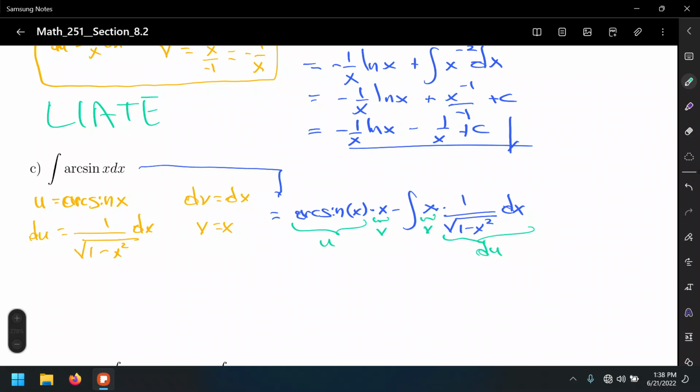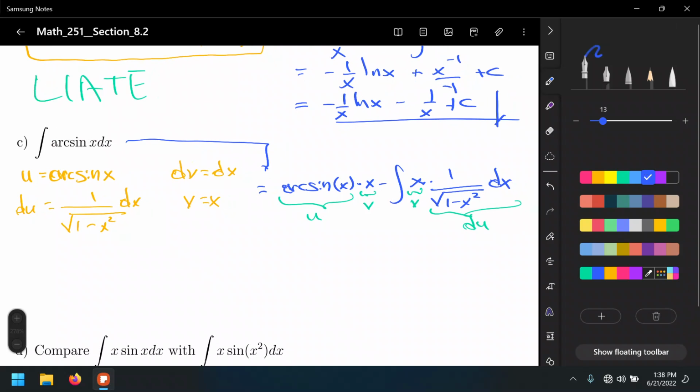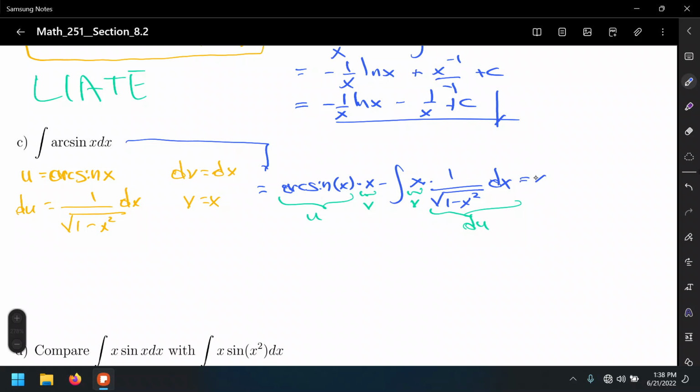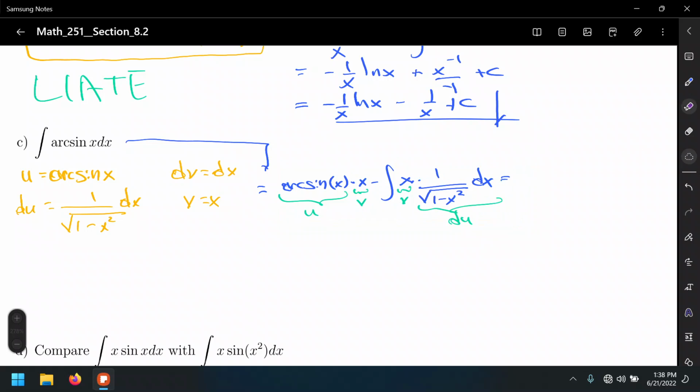Before continuing with this integral, let's rewrite it in a more friendly way. Number 1, I'm going to write this x in front of the arcsine, minus, it's not enough space here. x arcsine x minus the integral of x over the square root of 1 minus x squared dx.